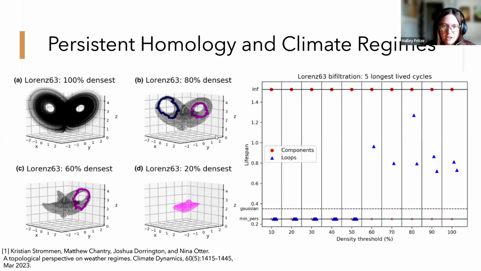And so they get this object where you can say that at the 60% threshold, we had one loop, right? We can see it right here in figure C. And we had one connected component. At the 80% threshold, I have two distinct loops, and we can see that in figure B. However, while this is nice and visually good, the theory states that there's no actual guarantee that the loop at the 60% threshold is the exact same loop coming from the 70% threshold.